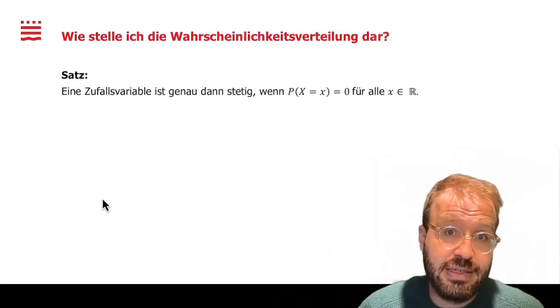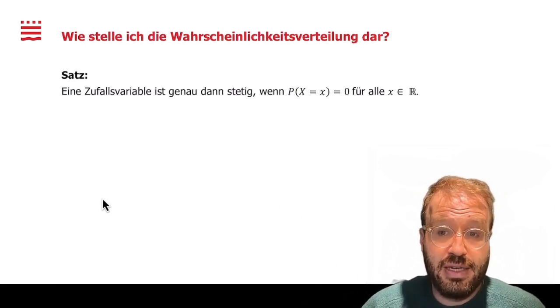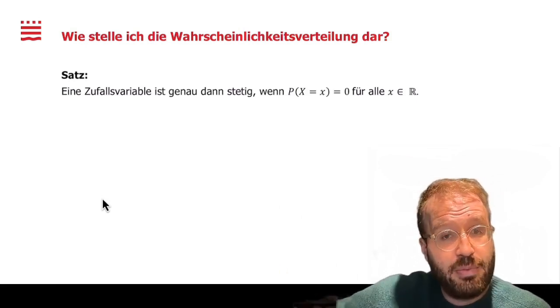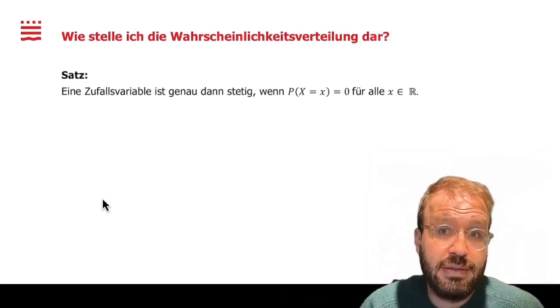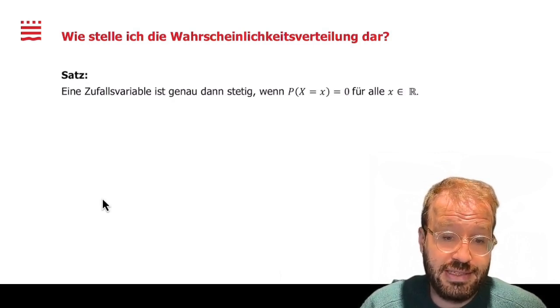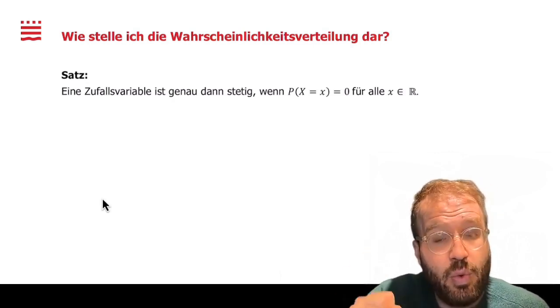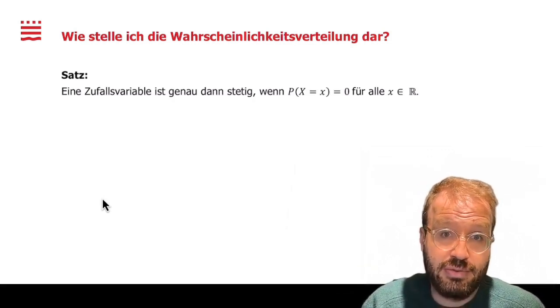Then the answer is that the probability is 0, because you can always change a decimal place, so that this value does not hold. So to speak, this height is not reached. This means that hitting exactly one point, exactly one height, has a probability of 0.